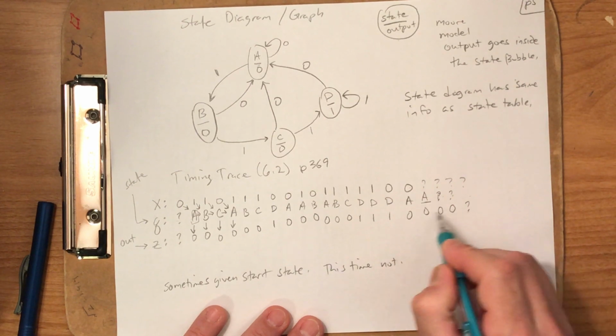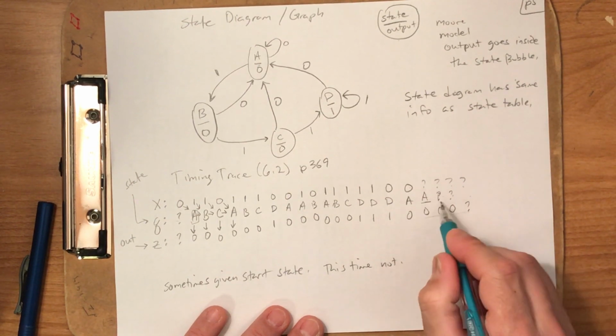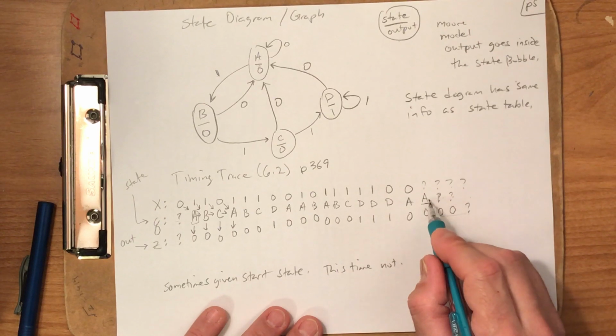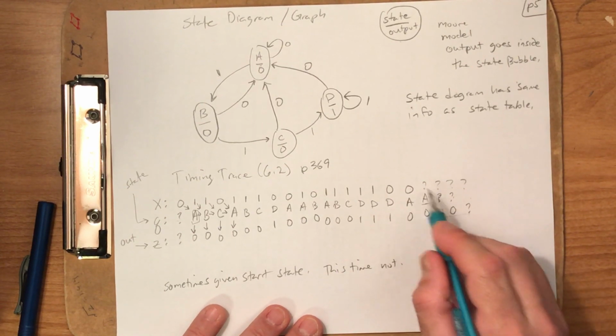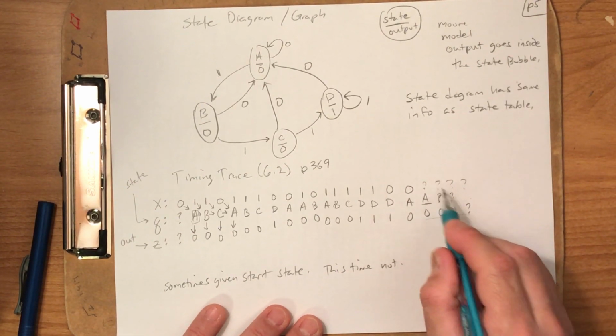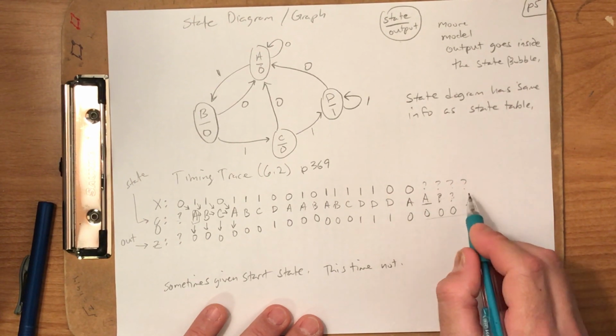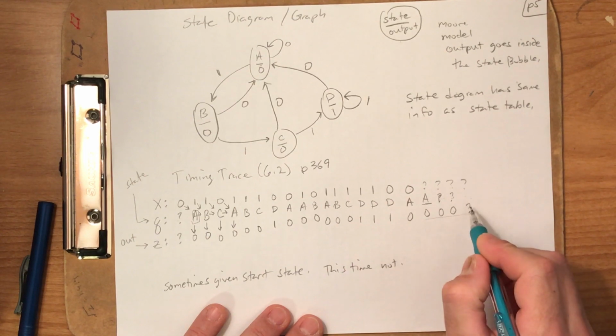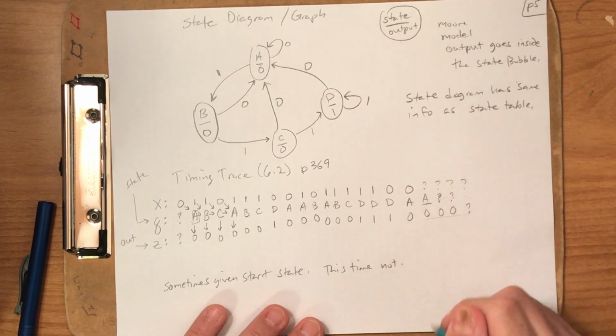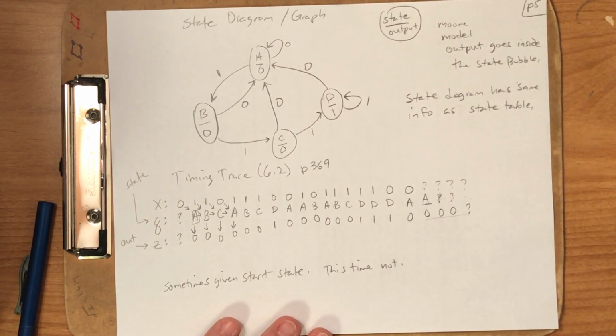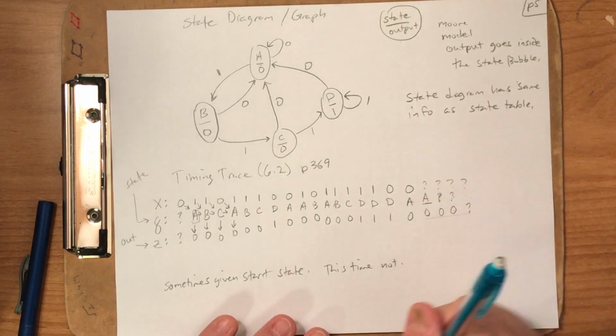So here's the first time we don't know, but we know these are all going to be zeros. But again, we don't know the states. We could go to A again if we got a 0 here. If we got a 1, we'd go to B. If we got a 1 again, we'd go to C. We'd still have a 0 here. If we got a 0 here, then we'd go back to A. But if we got a 1, we'd go to D. So make sure you can reason through that.